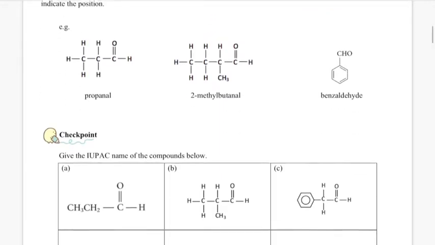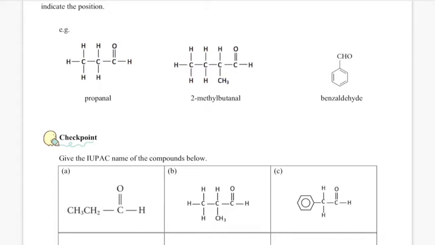Here are some more examples. If the longest carbon chain has 3 carbons in it, 1, 2, 3, then we name it as propanal. For this example, the carbon chain starts from here, and the longest carbon chain has 1, 2, 3, 4 carbons in it, so it should be butanal. We also have one methyl group attached to the second carbon, so it should be named 2-methylbutanal.